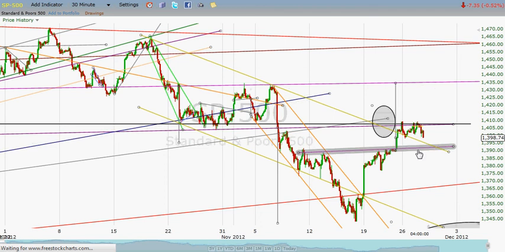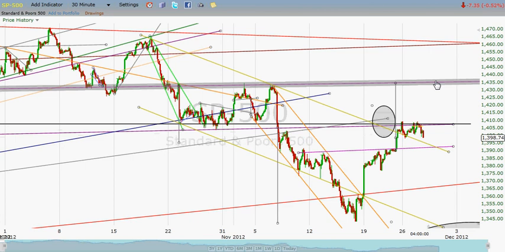Well, for the short term, I would look at this level down here, the neckline of this pattern, to serve as support, and the neckline of the larger head and shoulders pattern to still look for resistance there. But I think eventually this one will break. I really do. I think the market looks poised to head up again to this level.